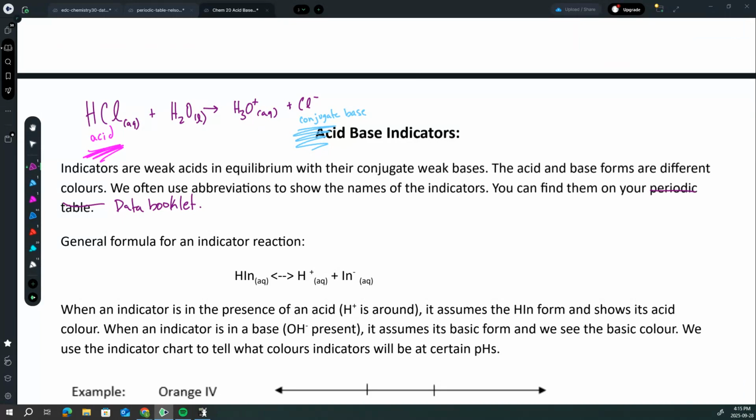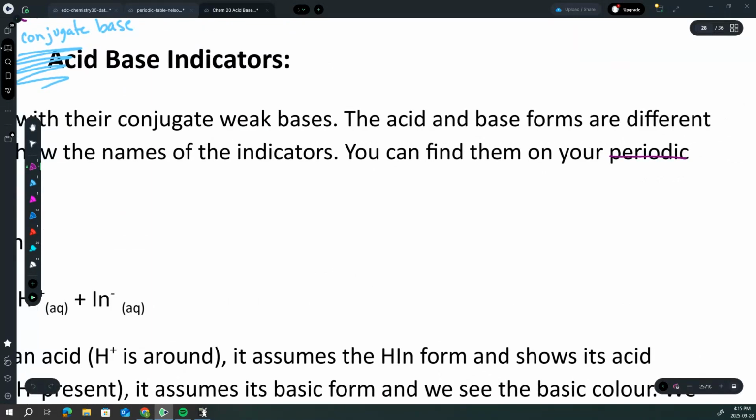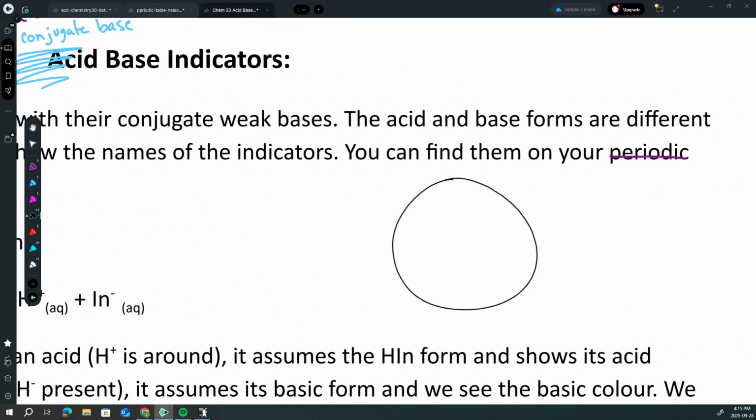So I'm just going to draw a circle and then an X through it and then a horizontal line. This will be our color wheel, and we'll do a quick revision of what the color wheel looks like.